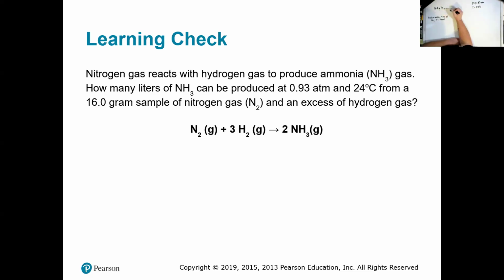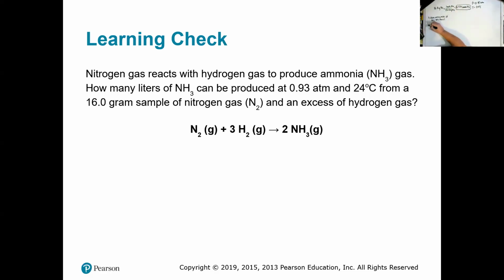I'm going to put my gram value on the bottom so that my gram units cancel out. Okay, so that's my mole value for my N2.